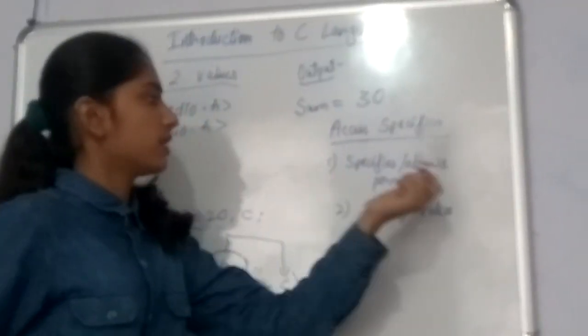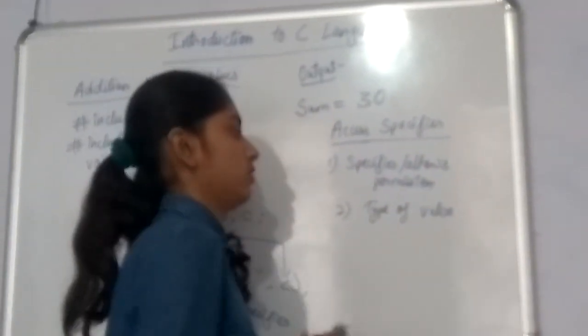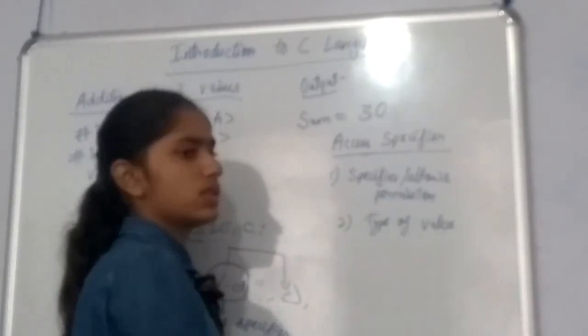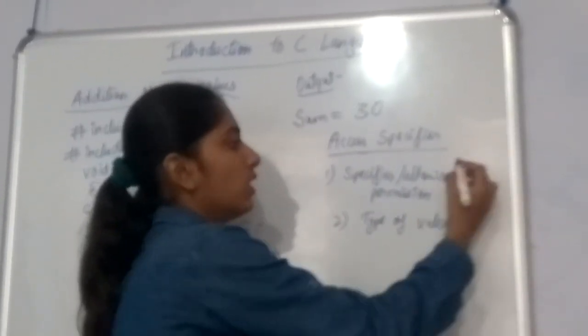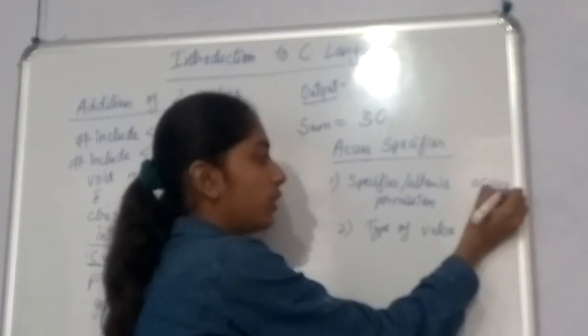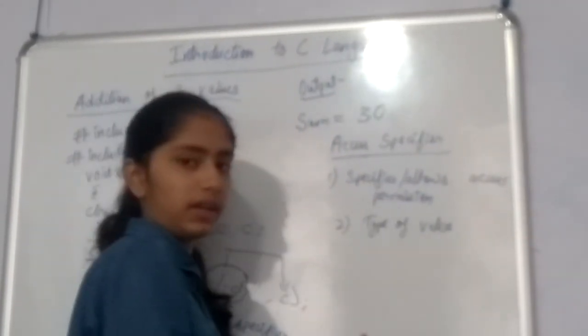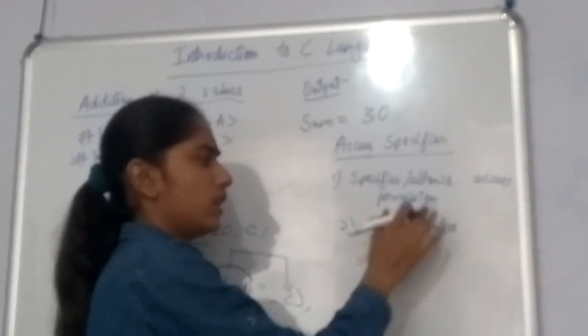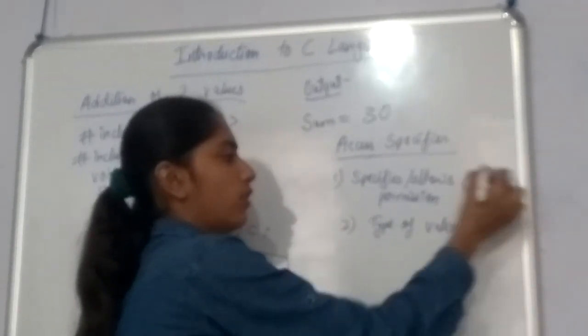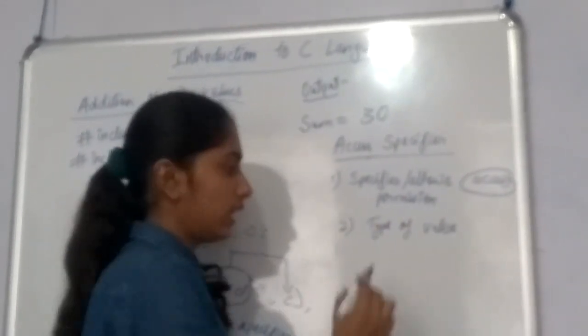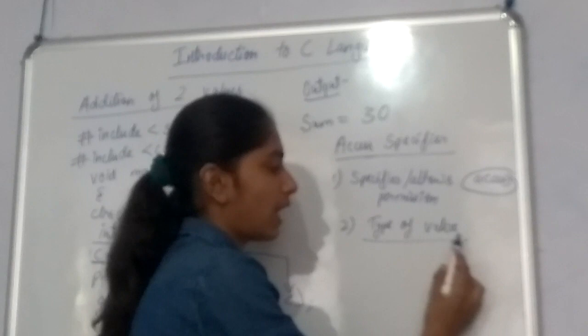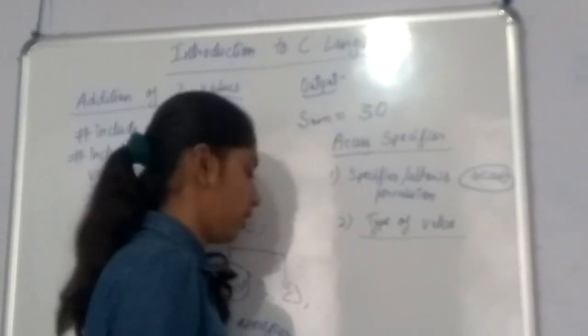So access specifier does two functions. First, it shows that this function has the access, or it can use the variable for printing its value, which means the specifier allows permission to access the variables. And secondly, it also shows which type of value is going to be printed.